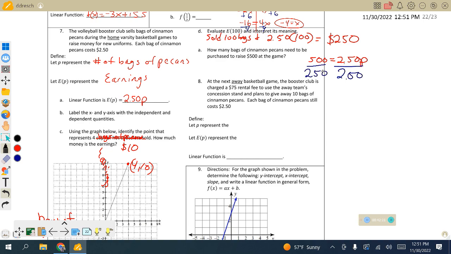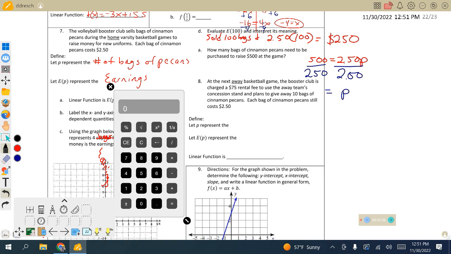This would be a good one to say have your calculators on. Okay, go to that calculator, punch it in. 500 divided by 2.5 gets us how many bags? How many bags sold? 200 bags. 200 bags sold. That gets us to that $500 goal.